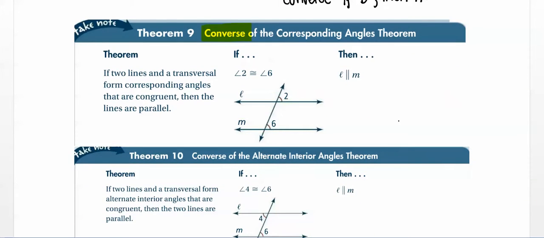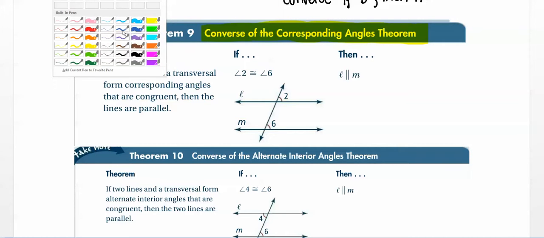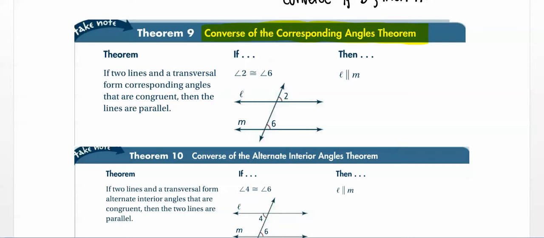This is Theorem 9 from your book, and it's the converse of the corresponding angles theorem. So it's the reverse of that one. And what do we have in it? Well, it says if two lines and a transversal form corresponding angles that are congruent, then the lines are parallel.